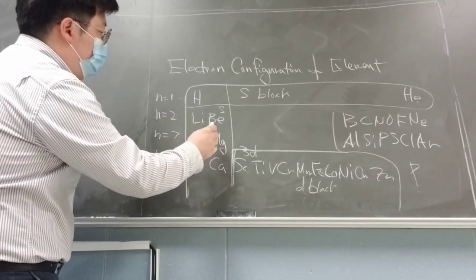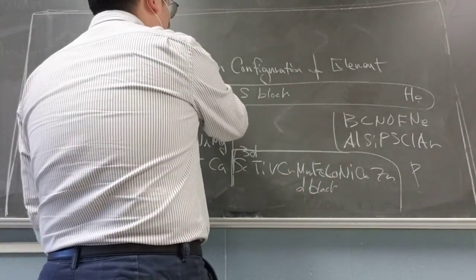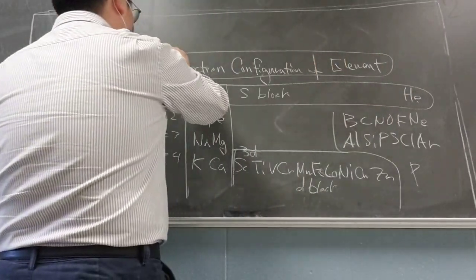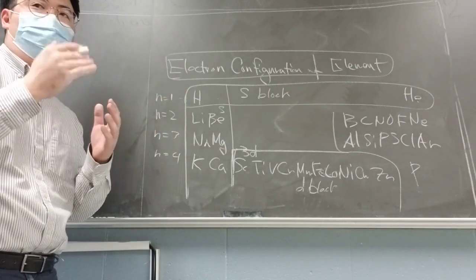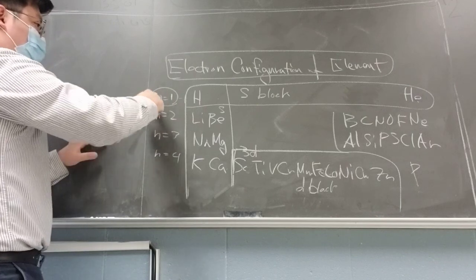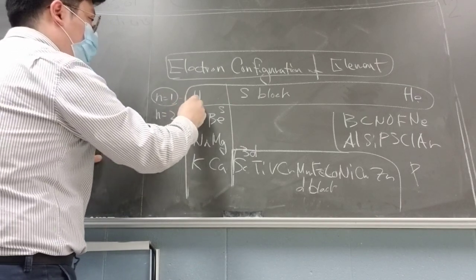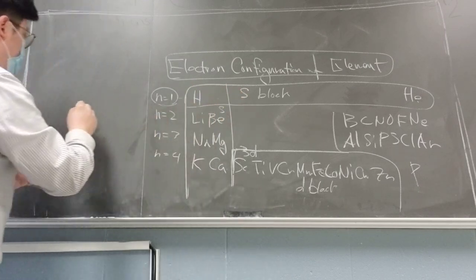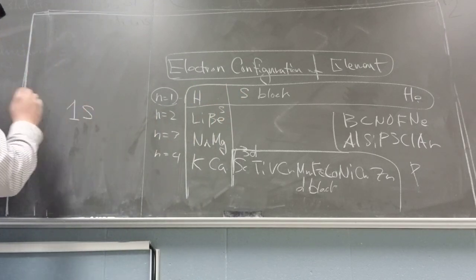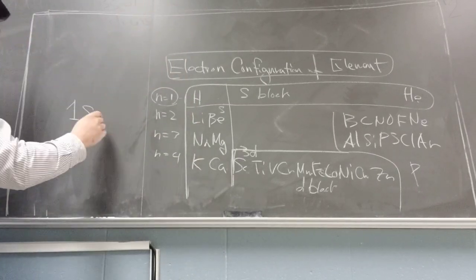But anyway, does it make sense? So I'll give you one example here. Electron configuration form is simply you try to fill the electron one by one. So if you look at this one over here, this first period is N1. So we're gonna name this one 1. This is S block, so it'll be 1s. For hydrogen, it only has 1 electron, right? Because 1 proton, so it'll be 1.